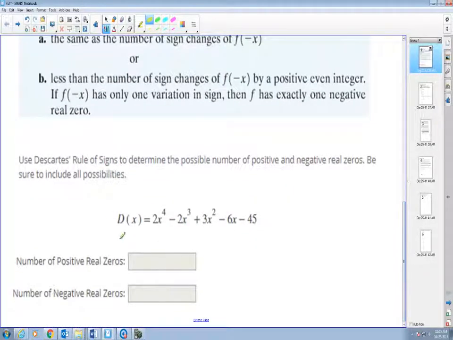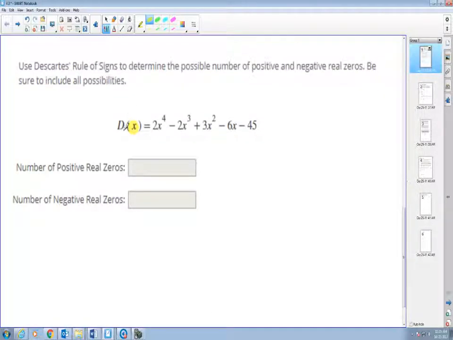So if you look at this function d of x, this x right now is positive. So basically I'm substituting positive x into every single x I have in my polynomial function. So this given problem already starts you off with a positive x. So let's count the number of sign changes from term to term.